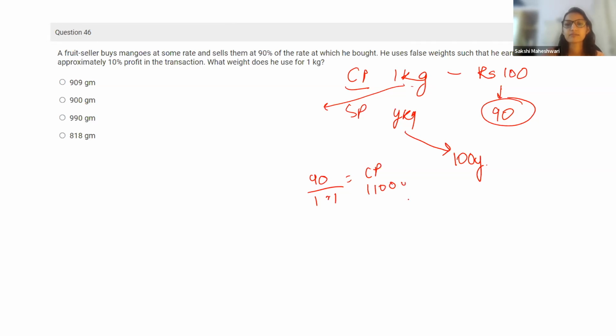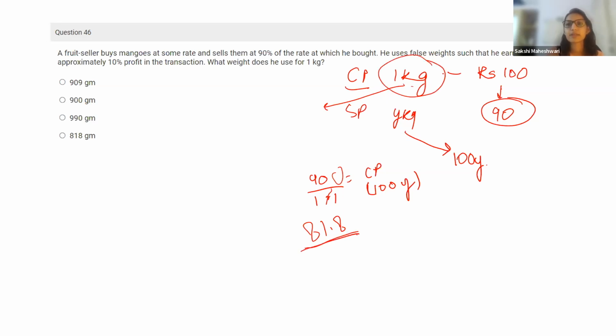Getting it? Yes, this is an easy question, like simple cost price. 90 by 1.1, what will it be? I think it will be something around 81.8. Okay. So for Y kgs, the CP is 81.8.